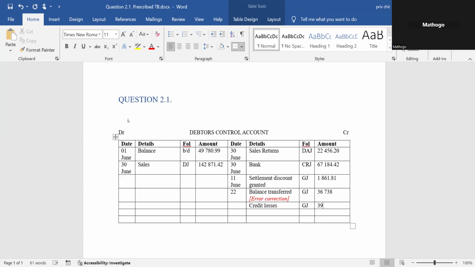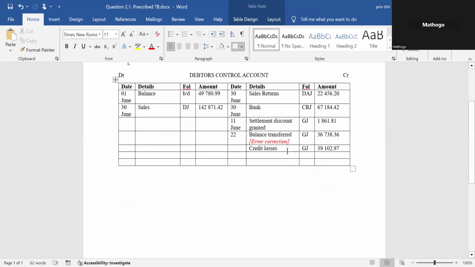Anything written debtors control, that's what we are interested in. So it's the credited, it just goes there to the credit side. Okay, 39,102. I don't know if it has any cents, 0.97, right? Yes, 97. The balance transfer, did it have cents? It was 36 cents. Yeah, 36. Okay, no problem.